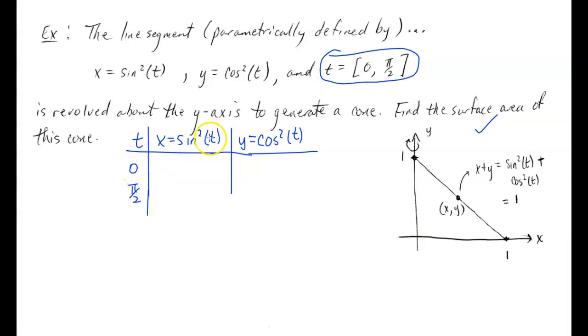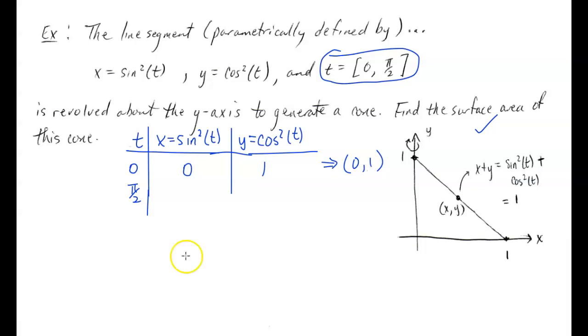So when t is 0, if we plug 0 into sine squared, that's going to give us 0. And if we plug 0 into cosine squared, we know cosine of 0 is 1, so 1 squared is still 1. So what this means for us is that we have a point (0, 1) on our graph.